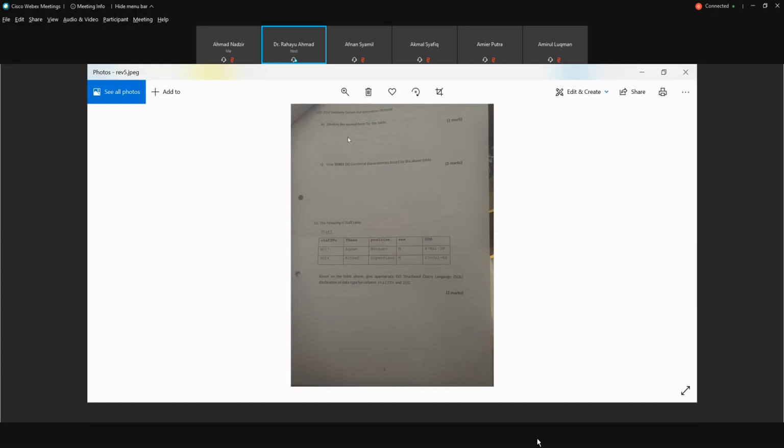What does identify the normal form mean? You have to tell whether the table you have now is UNF, 1NF, 2NF or 3NF, because it's just one mark. It wants to know which state the table is in. And you have to write 3 functional dependencies for the table just now. Okay. This one you don't need to do, we haven't learned it yet. Next week we learn SQL.